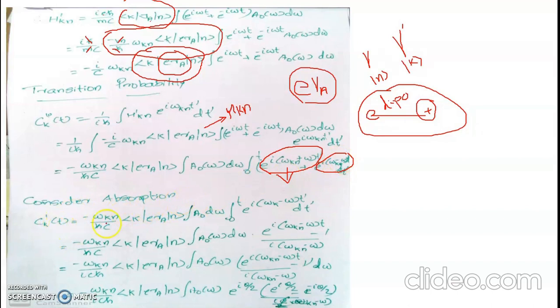Ck1 of t is equal to minus omega kn by ħc, scalar product k e r a k tn, integral a0 of omega d omega, integral 0 to t e raised to i omega kn minus omega t prime dt prime. Thus, the probability amplitude for absorption will be exactly the same as the probability amplitude for emission.